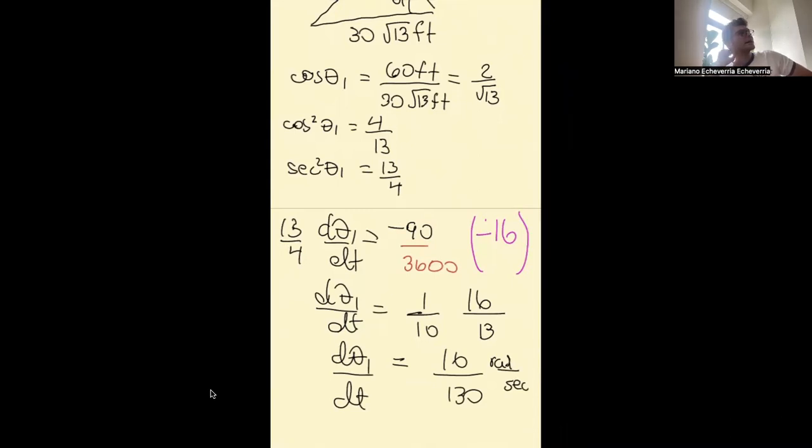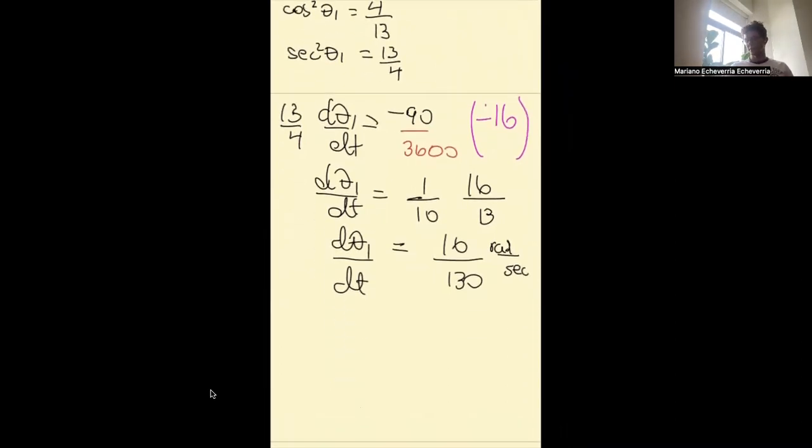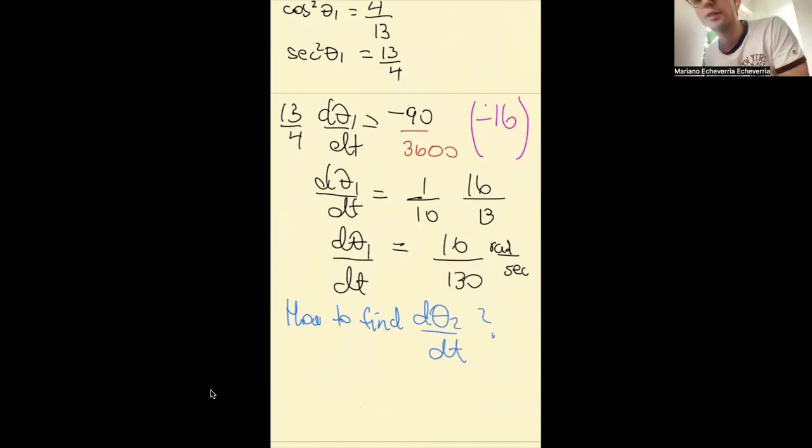And the other one is kind of similar, but there's another trick to find the other one. So how can you find d theta 2 dt? Well, actually, you can use a trick. Before finishing today, let me give you a trick.